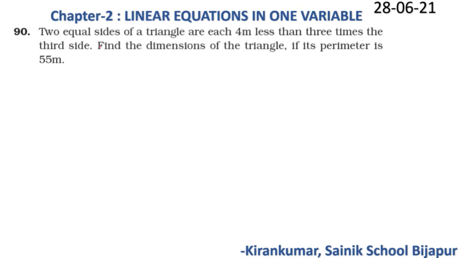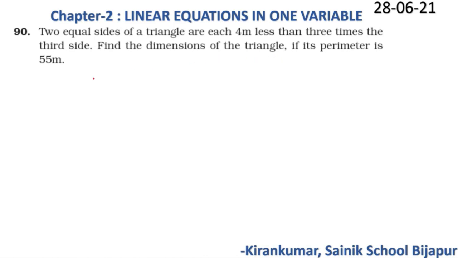Two equal sides of a triangle are 4 meters less than 3 times the third side. Find the dimensions of the triangle if its perimeter is 55 meters.